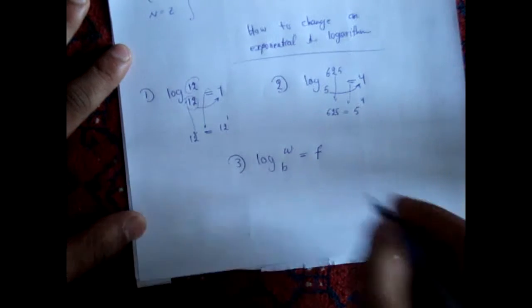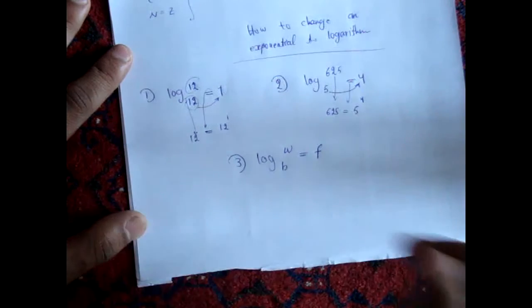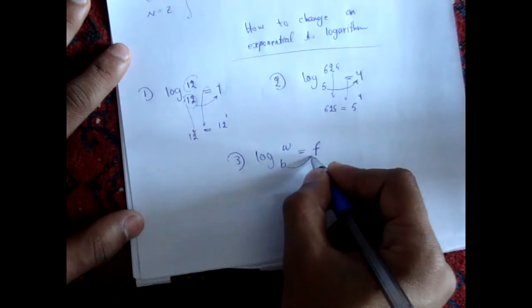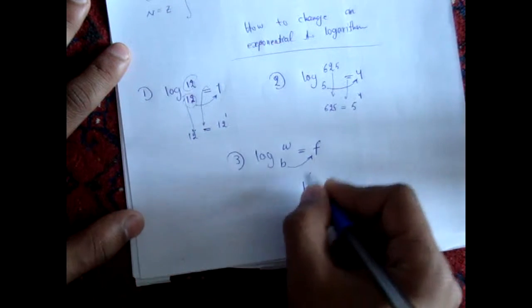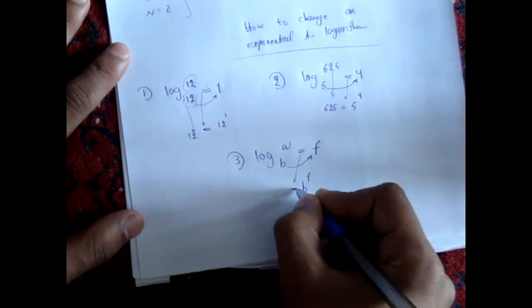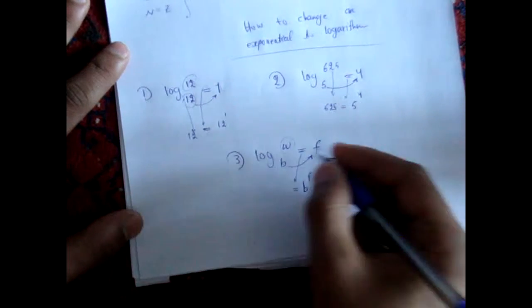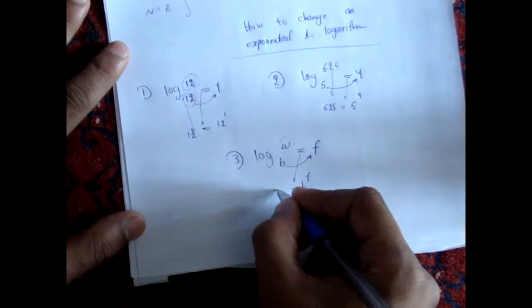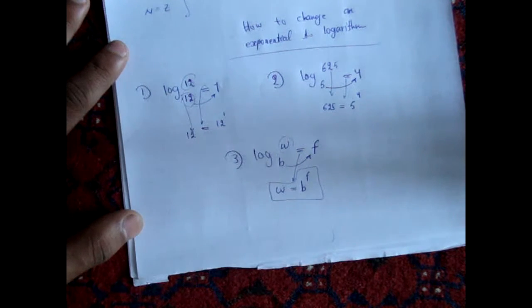What I'm gonna do is I'm gonna raise b to the power of the number on the right side of the equation, like this. B to the power of f. I take the equal sign back in here, and I write the number, whatever it is, I write it in here. So there we go, we have it.